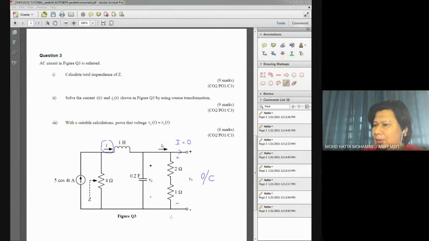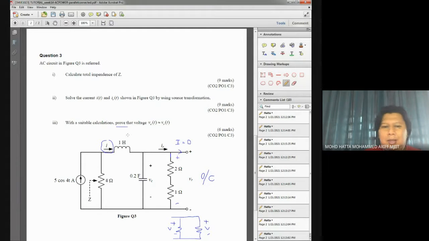According to the parallel connection definition, the voltage over here, let's say V, is the same voltage over here. So you need to prove that these two voltages are the same. Maybe some students feel this is a very difficult question, but believe me, this is something that you have already done over and over again.